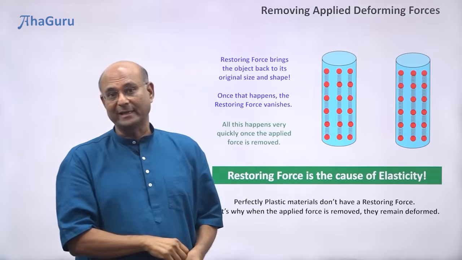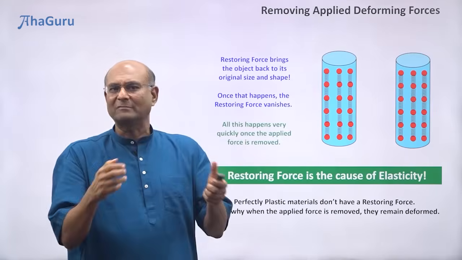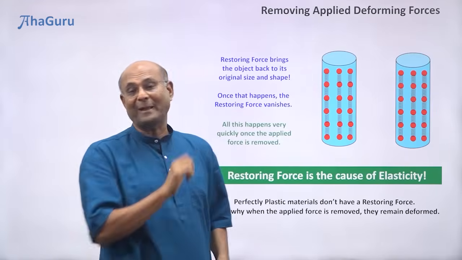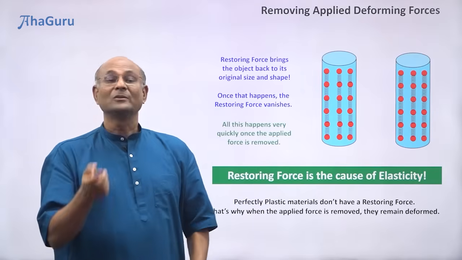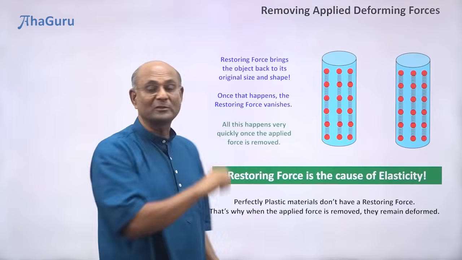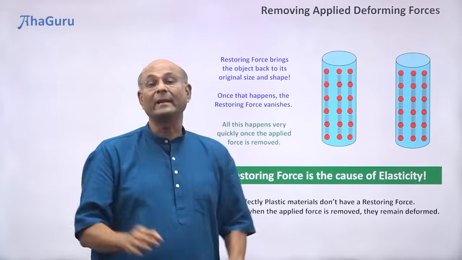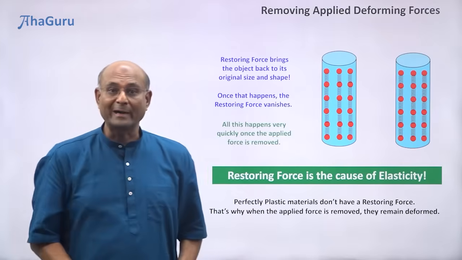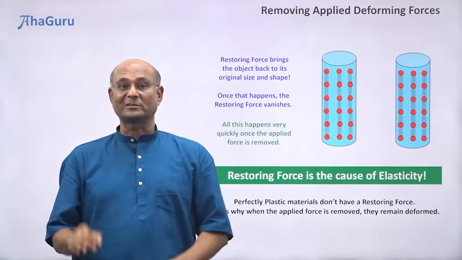There are materials which will be partly plastic, partly elastic, so they will have some restoring force. But perfectly plastic materials don't have a restoring force. That's why when the applied force is removed, they don't bounce back to their original configuration. They remain deformed. So I hope you have now understood what is the cause of elasticity and what is the cause of plasticity.